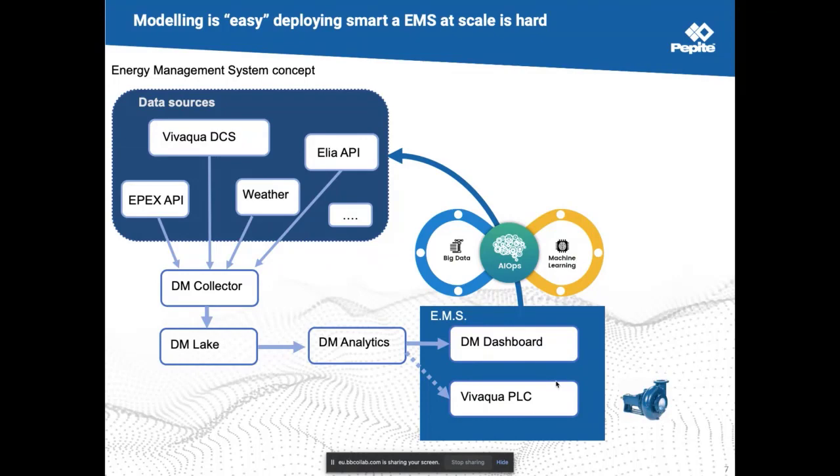And then you have all the market information, weather data, and some information might be available in the future, and not now. So for example, Vivaqua might decide to invest in new pumps. They might decide as well at Elia to provide new types of data.